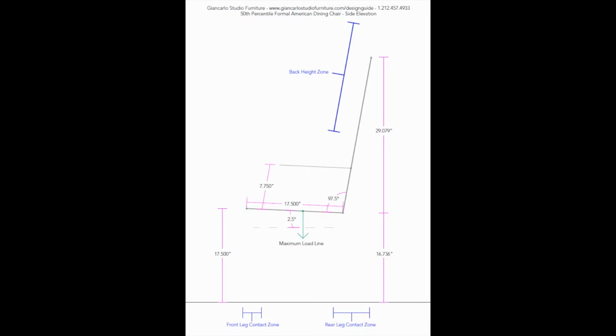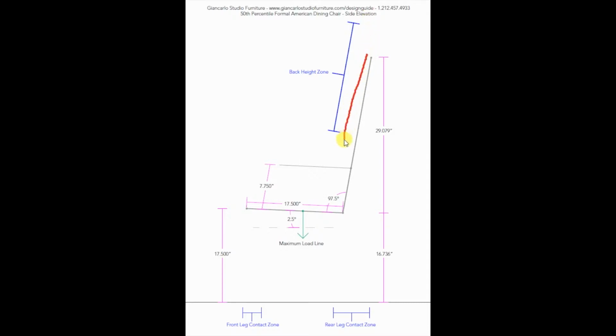For example, casual dining chairs tend to have lower backs than formal dining chairs. The lowest blue line represents the smallest seat back that will still provide the support users expect from a dining chair. The highest blue line represents the largest seat back that is tall enough to meet the head of the 95th percentile male.